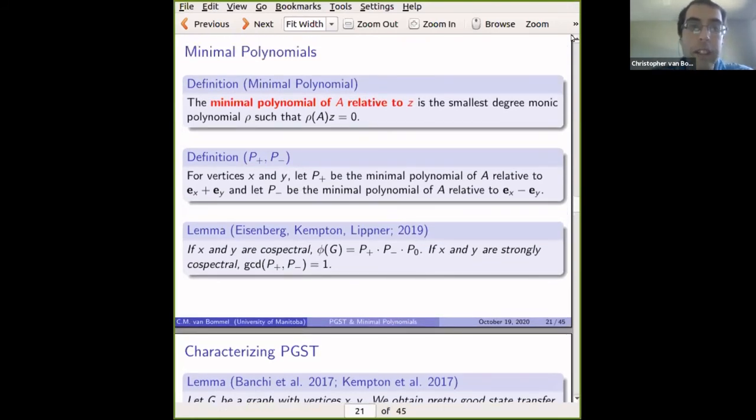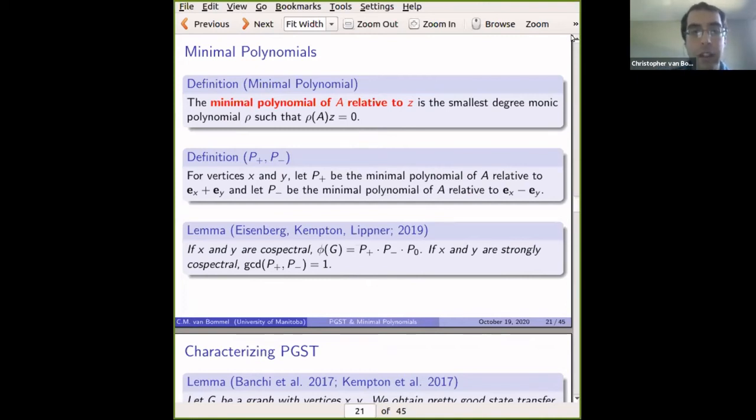So we'll be looking at this idea of minimal polynomials, and we want to take minimal polynomials of the adjacency matrix relative to some vector. So this will be the smallest degree monic polynomial such that if we evaluate it at the adjacency matrix and multiply by the vector, we get 0.